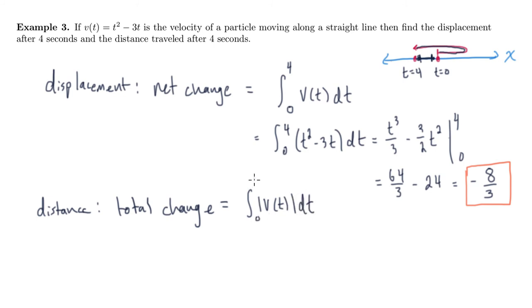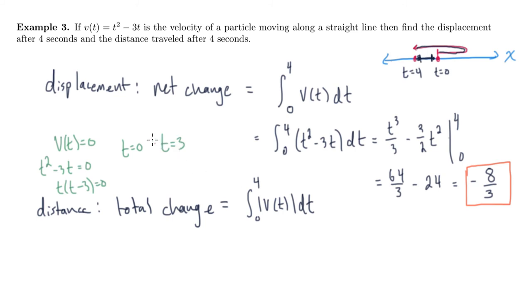To find the absolute value of the velocity, I need to determine where the velocity is positive and where it's negative. If I set the velocity equal to 0, that'll tell me where it changes signs. So t squared minus 3t is 0, or we can factor out a t. So t equals 0 and t equals 3 are points where my velocity is equal to 0.